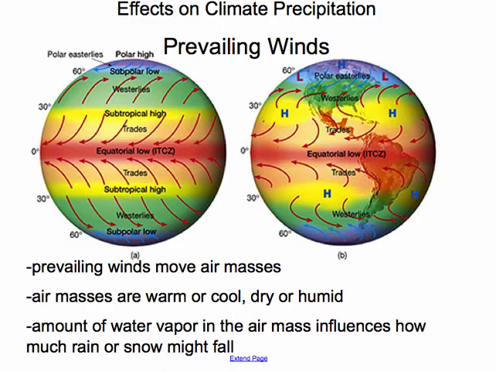So here we have our prevailing winds. We've talked a lot about them. I like this picture because it shows the temperate regions and the tropical regions and the polar regions and your highs and lows and the way that things bend and flow. So prevailing winds move air masses. We'll study those quite a bit next unit when we do specifics of weather.